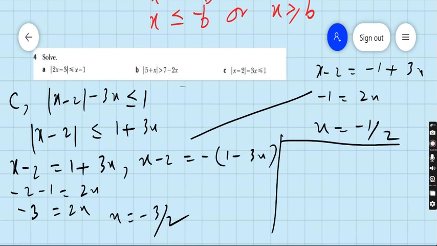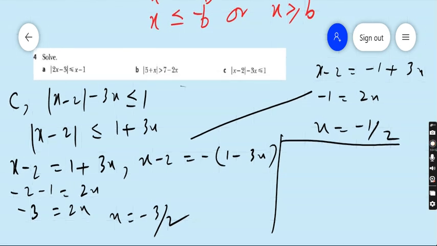I don't know why, but I'm checking again and again. 1 plus 3x, x minus 2 is equal to 1 plus 3x, minus 2 minus 1 is minus 3. 3x minus x is 2x, minus 3 upon 2, minus 1 minus minus plus 3.